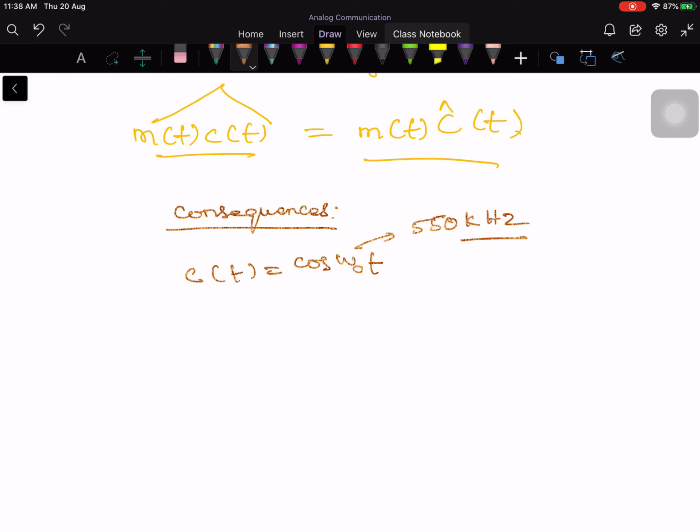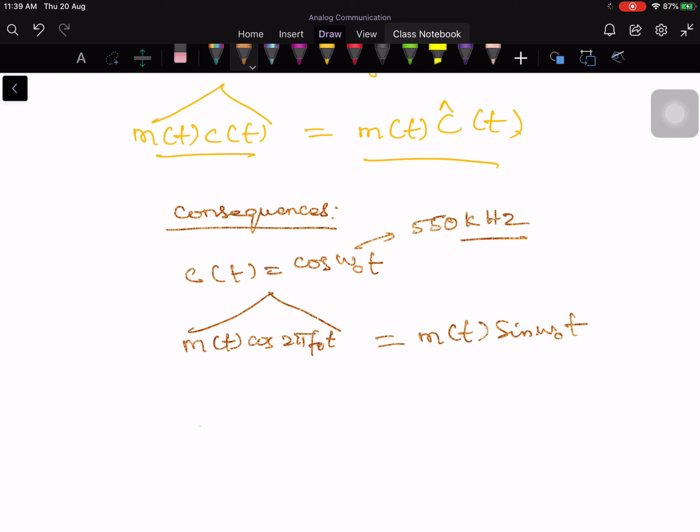Now what happens? If you take the Hilbert transform of m of t times cosine of 2 pi f naught t, it becomes m of t times sine of omega naught t.